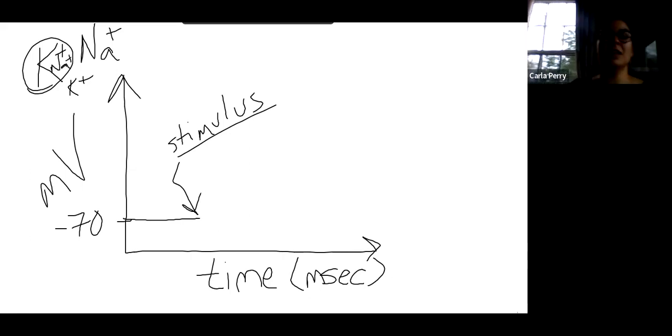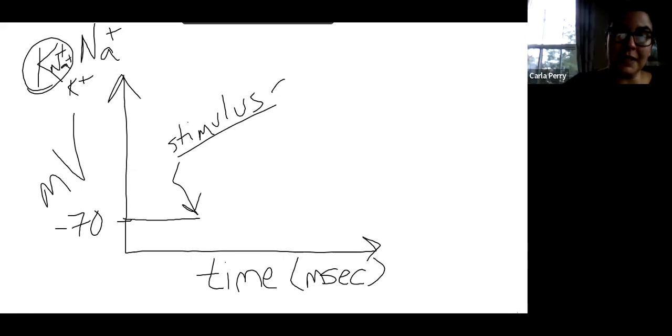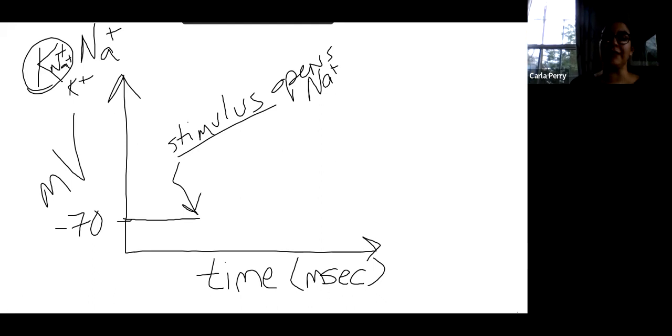Okay? So if we say that the stimulus opens sodium channels, which direction does sodium want to move? Sodium wants to go from an area of high concentration to an area of low concentration. So we say that sodium enters the cell.